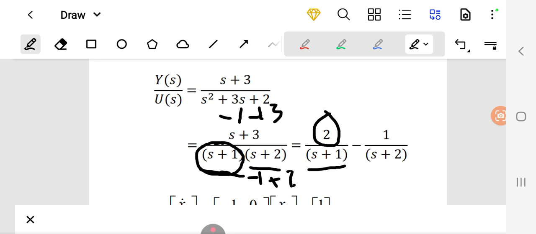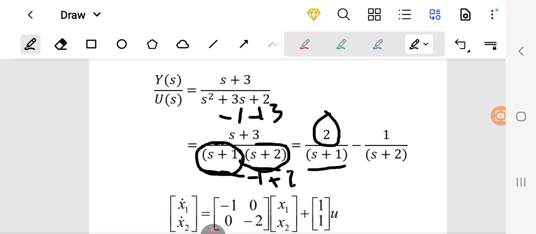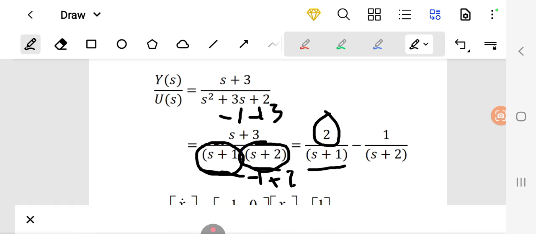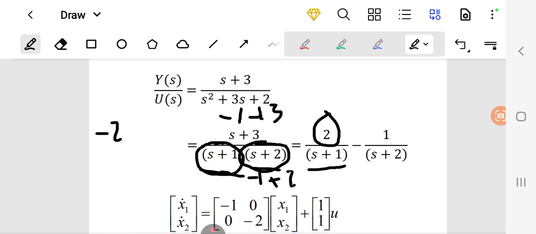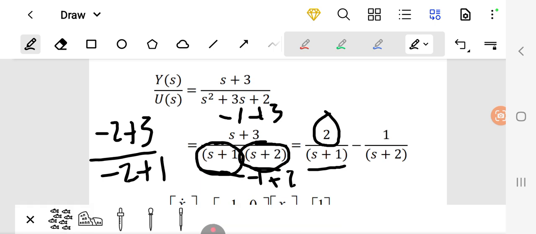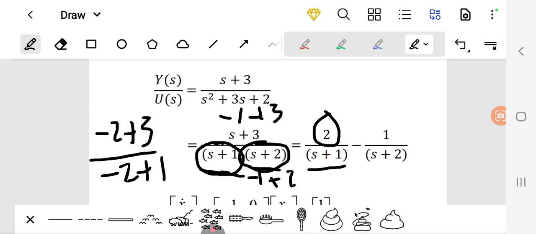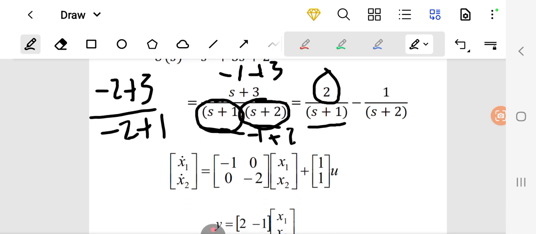And for the second partial fraction, we will cover s plus 2 and substitute by s equals negative 2. Therefore, negative 2 plus 3 divided by negative 2 plus 1, which will be 1 divided by negative 1 equals negative 1. We now obtain the partial fractions.